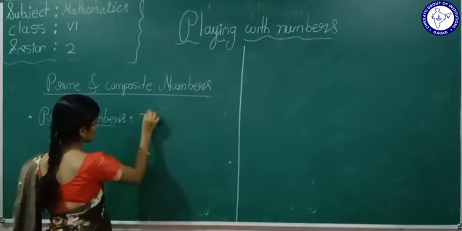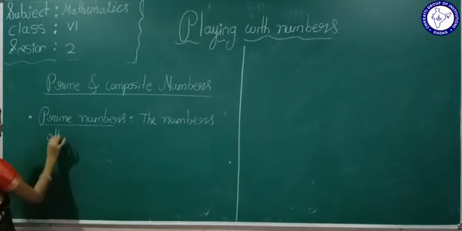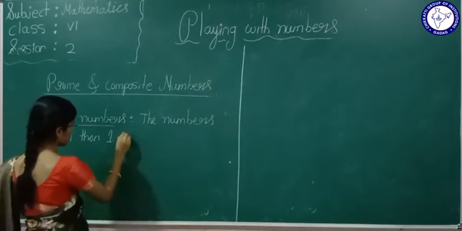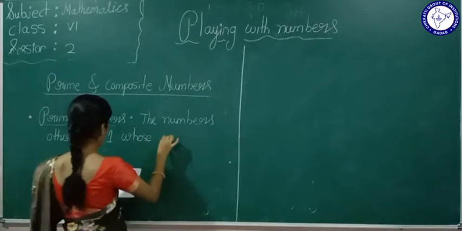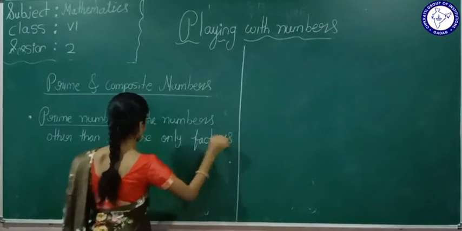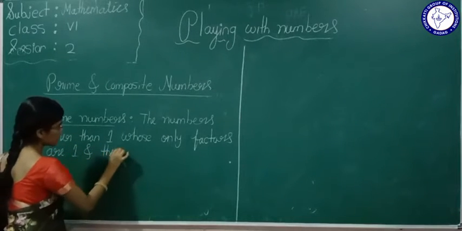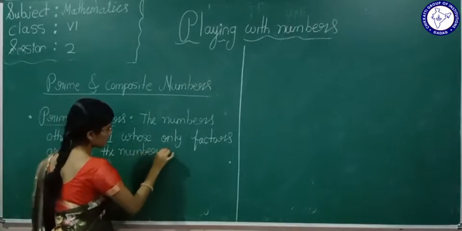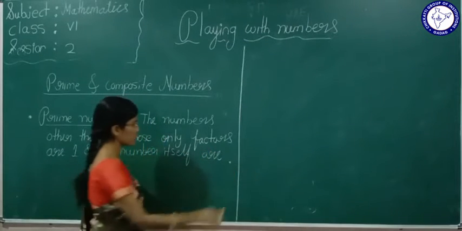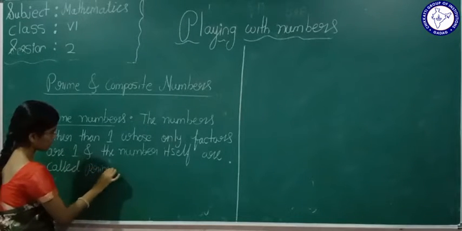The numbers other than 1 whose only factors are one and the number itself are called prime numbers.